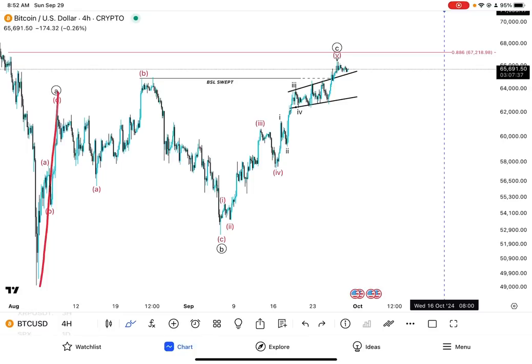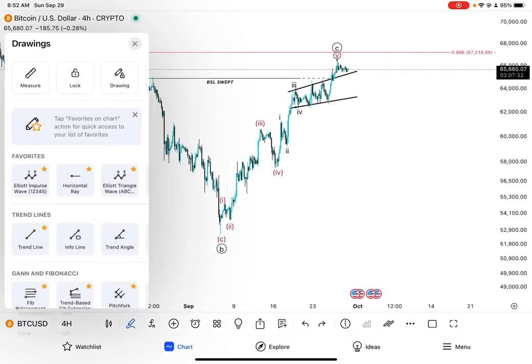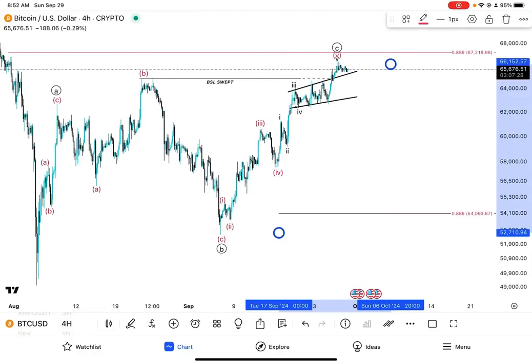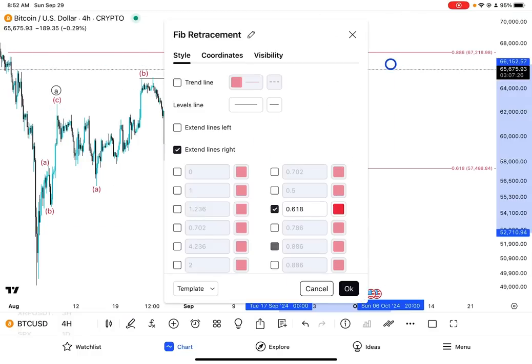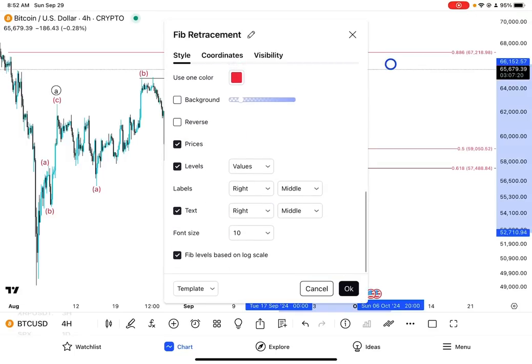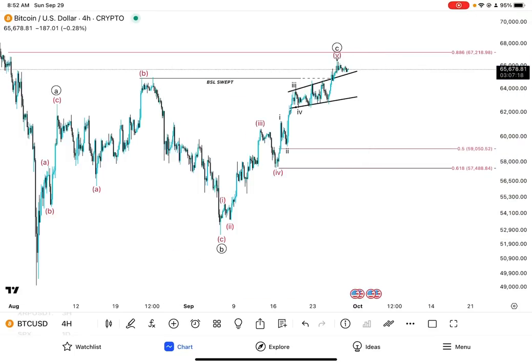The only issue with that scenario is that if we were to come down here, it would likely be to around the 50 to 61.8% fib on the logarithmic scale at 59,000 and 57,488.